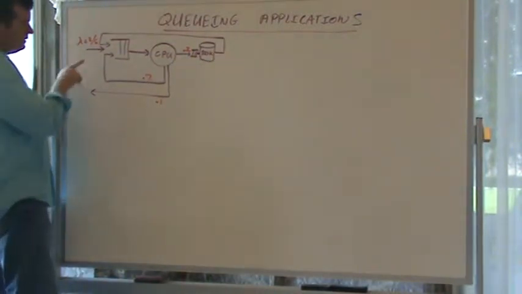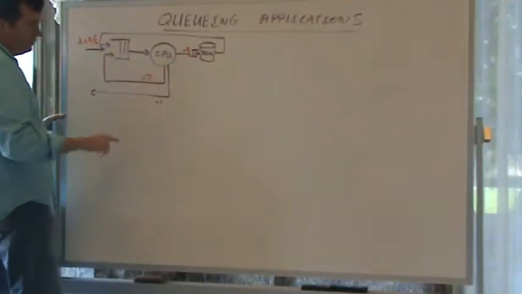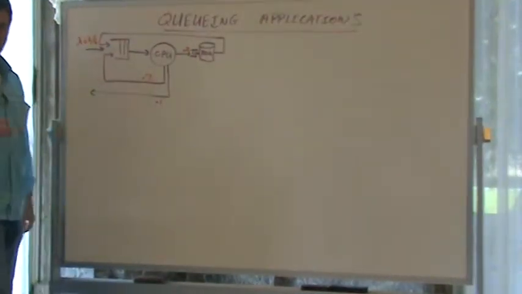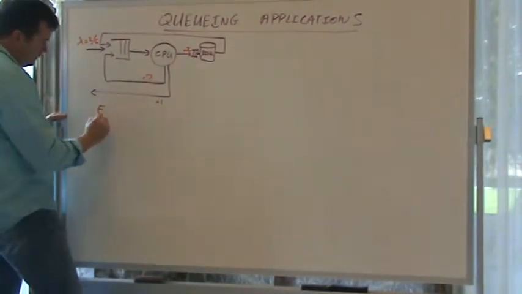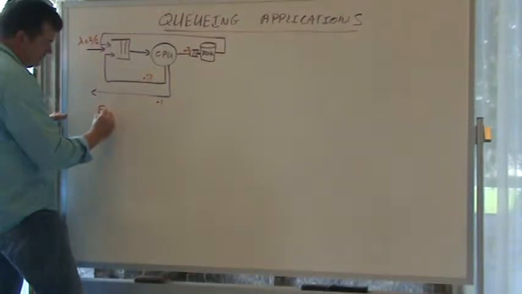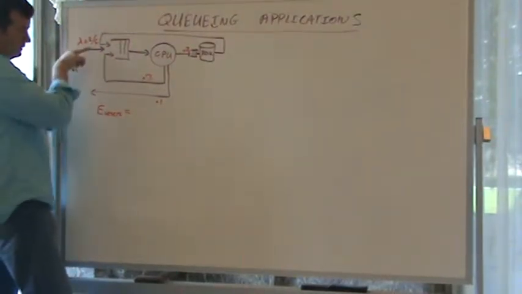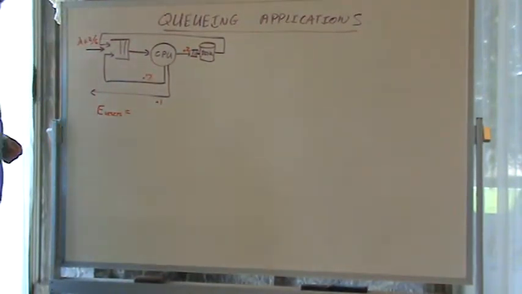The lambda into the system. 90% of the time, 0.7 plus 0.2, when we go into the queue, we go back to the beginning. So the expected number of visits equals, well, we're definitely going to visit it once, that's for sure, because the first thing we do is come in and visit.